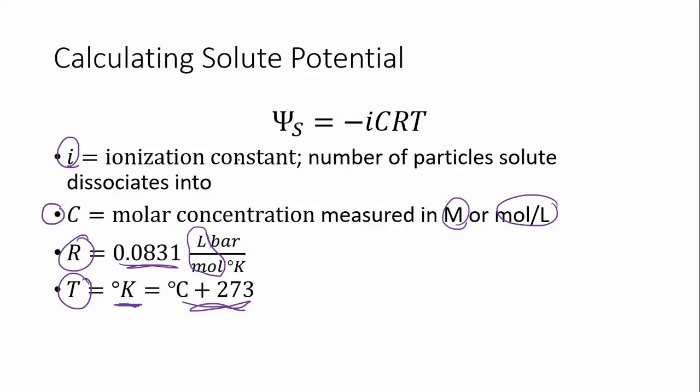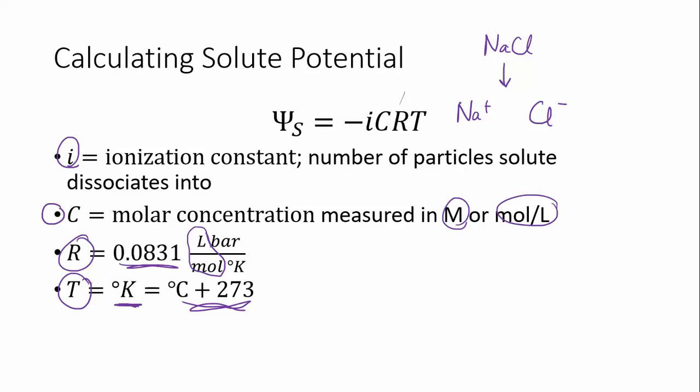The ionization constant depends on whether a molecule dissociates, or separates, into multiple ions. So let's say we have sodium chloride. When you stick sodium chloride in water, it's going to separate into sodium and chlorine ions. And each of those is going to be capable of drawing its own shell of water that will then not be available to do work.